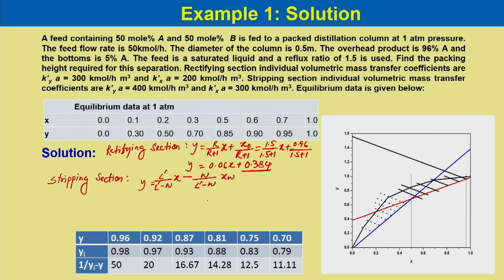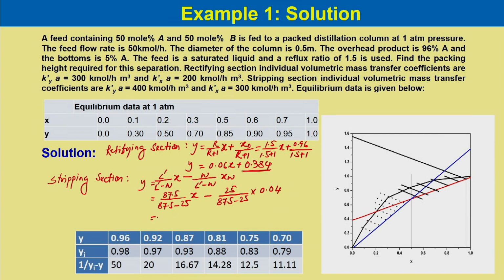If we substitute, it would be 87.5 divided by (87.5 - 25) x minus 25 by (87.5 - 25) into 0.04.